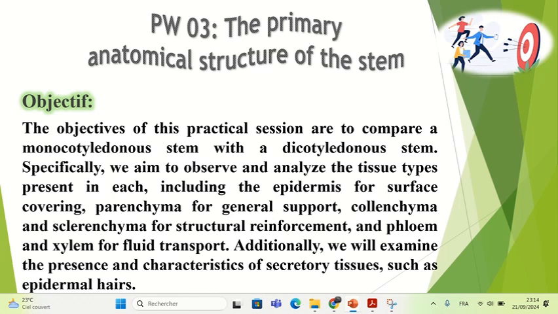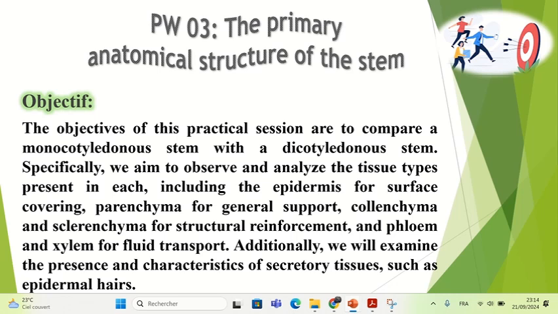For the third practical work, which is the primary anatomical structure of the stems, the objectives of this practical session are to compare monocotyledonous stems with dicotyledonous stems.